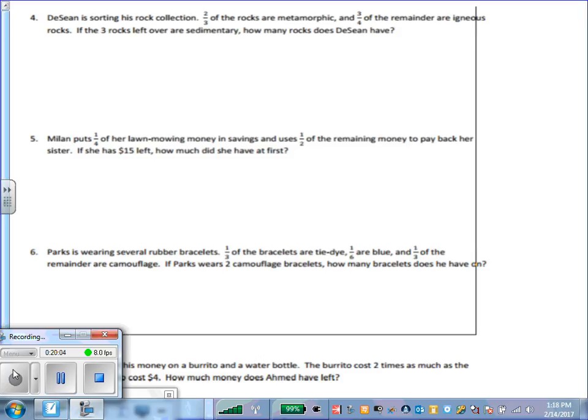It doesn't have the total. And when it doesn't have the total, what do we have to do? Find it. We have to do it backwards. We have to kind of work backwards with this tape diagram.